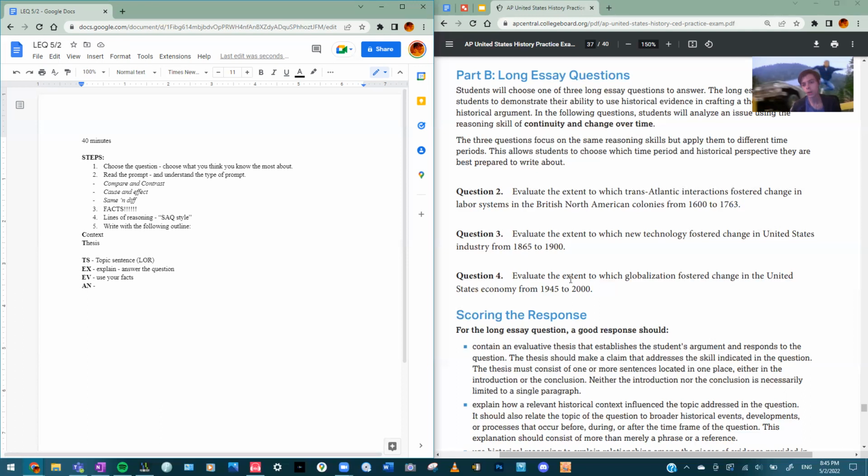You need to answer the question, explain, use your evidence, but the most important part is that almost every student that takes the class can do the EX and the EV. What they forget is the AN. You need to connect it to the thesis.